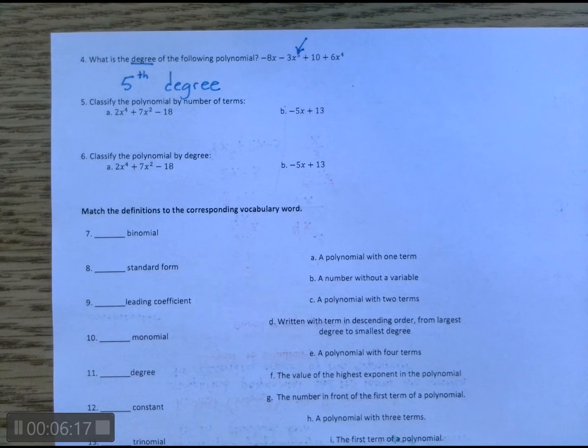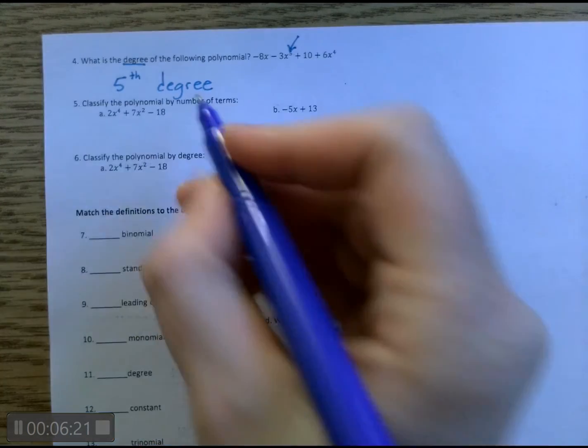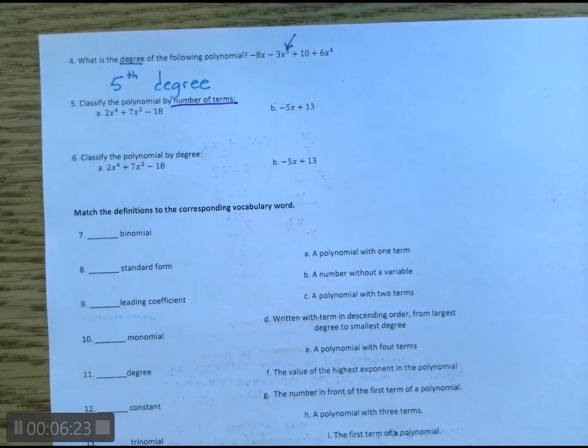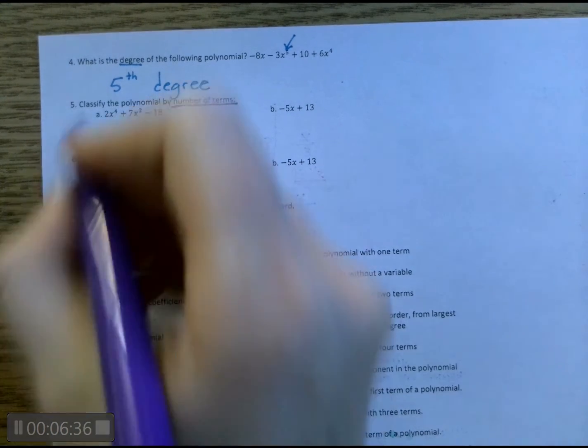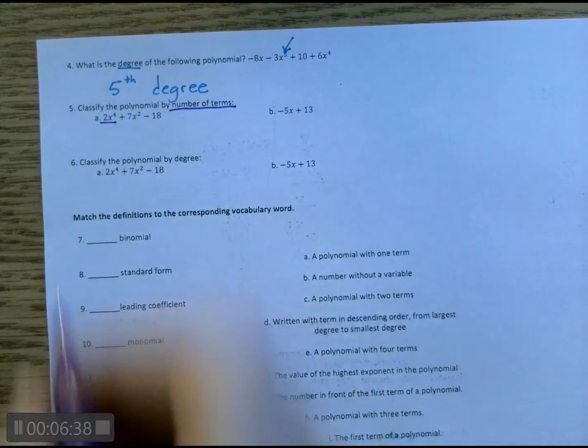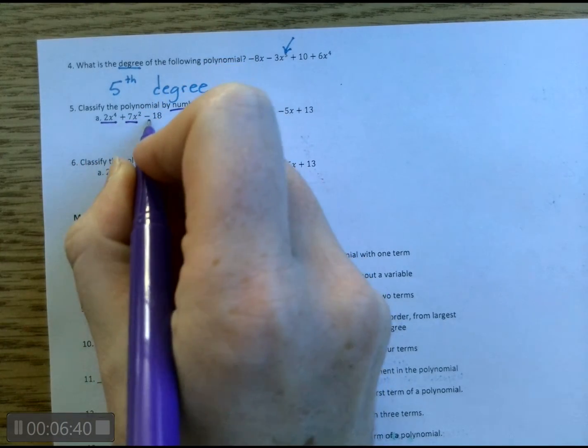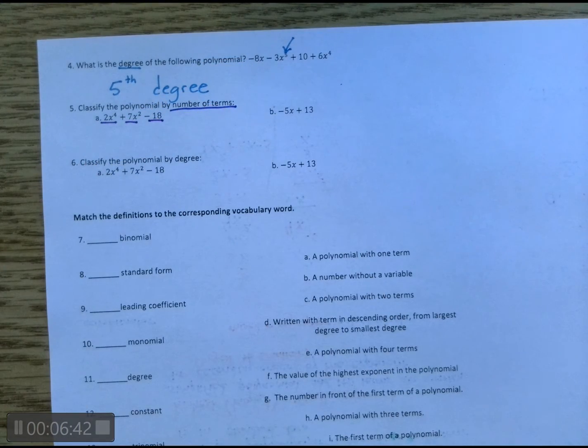Cool. Alright, and now for the next two problems, it wants us to classify by number of terms. Okay, so remember that we split up terms by a plus or a minus sign. Okay, so here's one term, here's two terms, here's three terms.